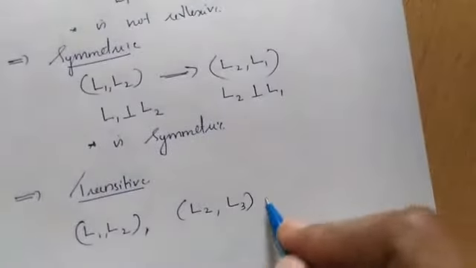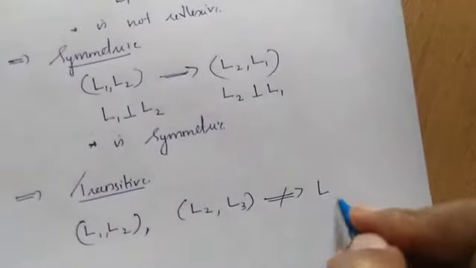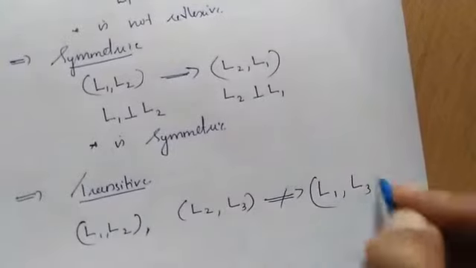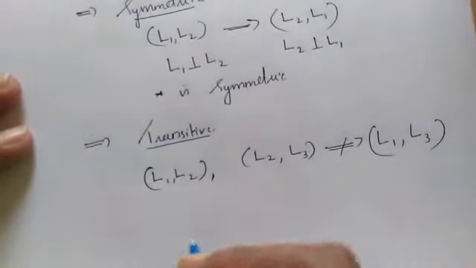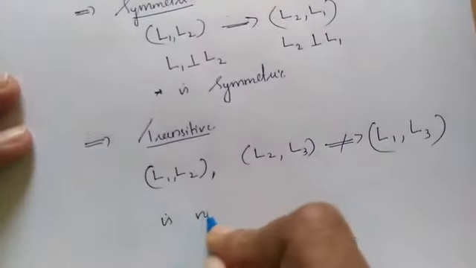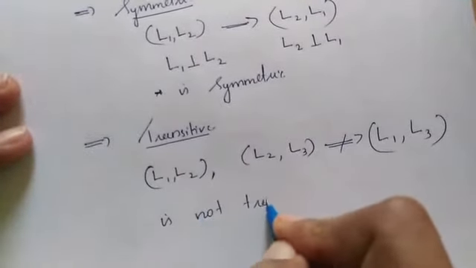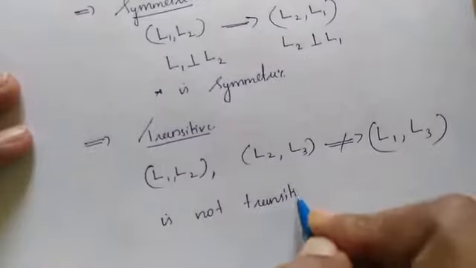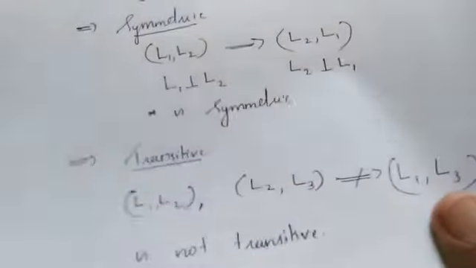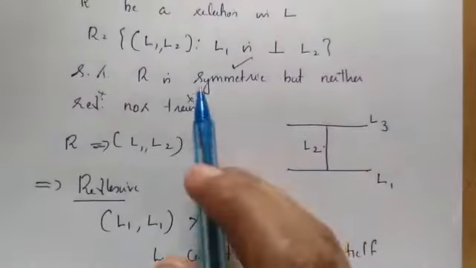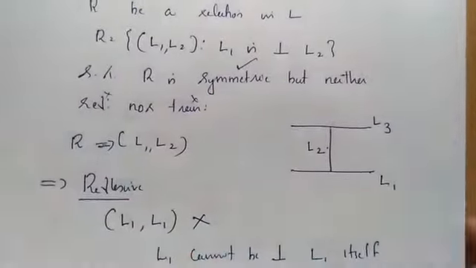But it cannot imply that L1 is perpendicular to L3. Hence it is not transitive. Okay, it is proved that R is symmetric but neither reflexive nor transitive. Next question.